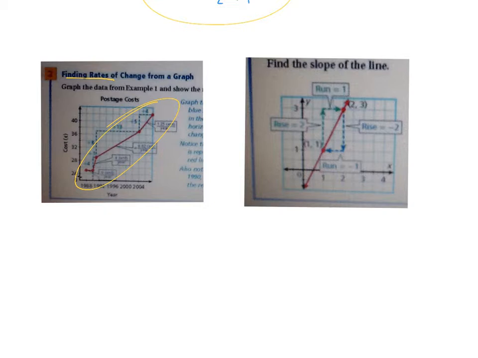That's showing the change in cost for the letters that we were just working on, and it's not constant. Whereas if you notice, find the slope of the line, this line here is constant. There's no jagged, like, we're going straight, and then all of a sudden it levels up, and then it goes super steep, and then it goes down. So that's the only difference from rate of change that you're going to see.